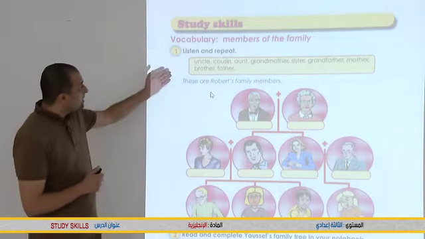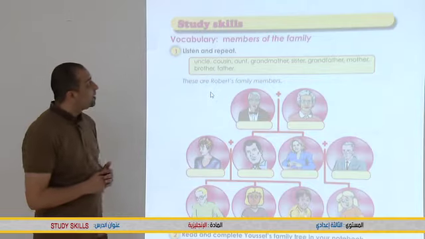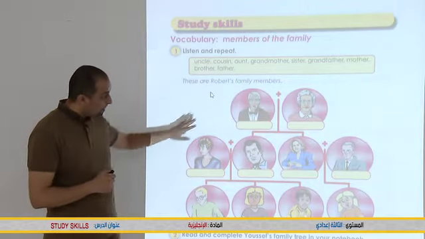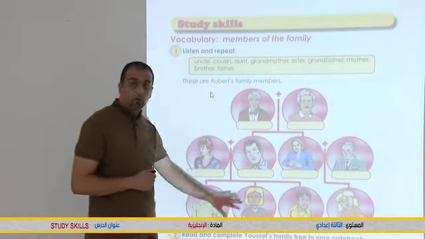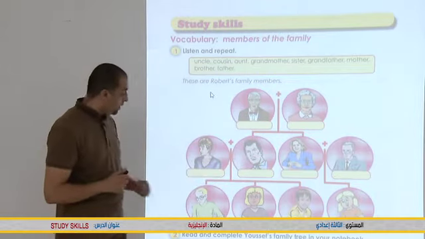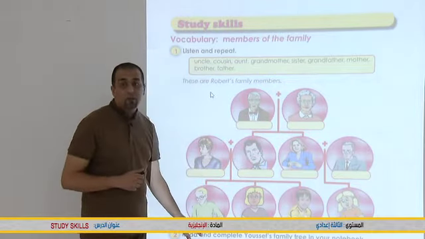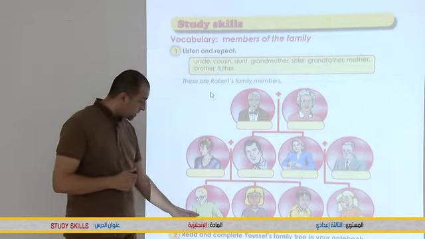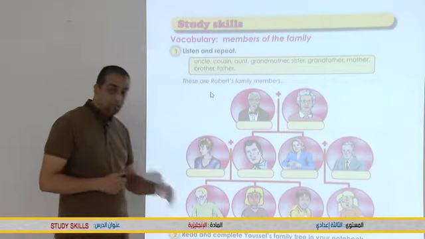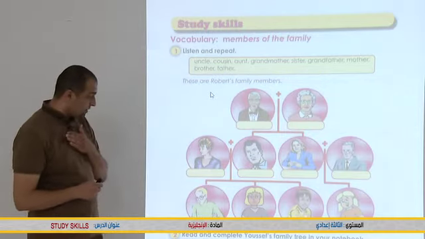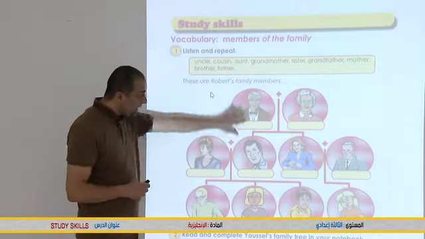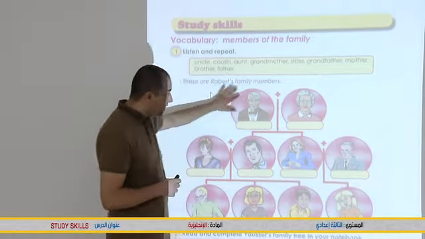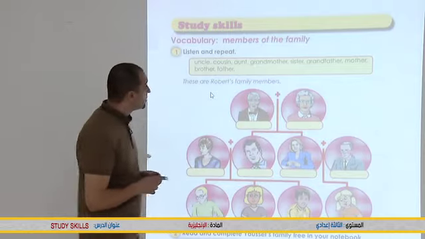Now, as you can see on this page, there are some photos of Robert's family members. So here is Robert. He says "me," referring to himself, and these are the photos of his family members.